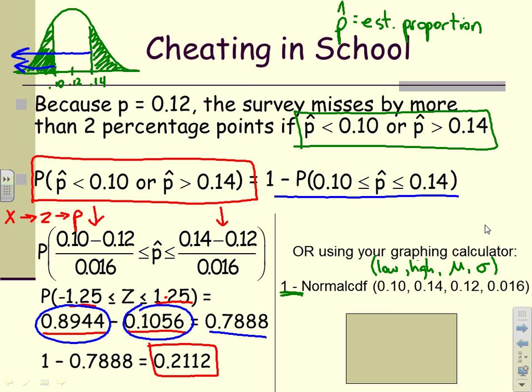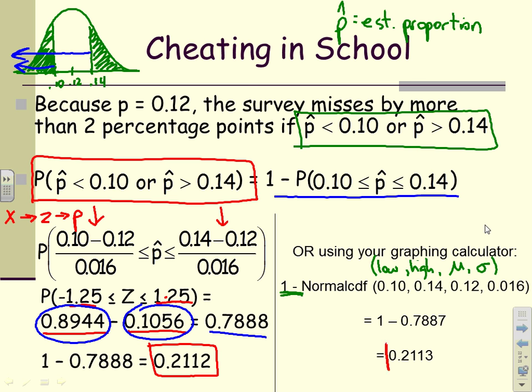Now, for those of you who have the updated operating system on your calculator, you don't have to enter those in with commas. They prompt you for the low value, the high value, the mean, and standard deviation. But for those of us running on the older system, you do need to do that. So we're going to do 1 minus the normal CDF of the area in the middle. And notice we get 0.2113. Is it slightly different? Yes, it's slightly different.